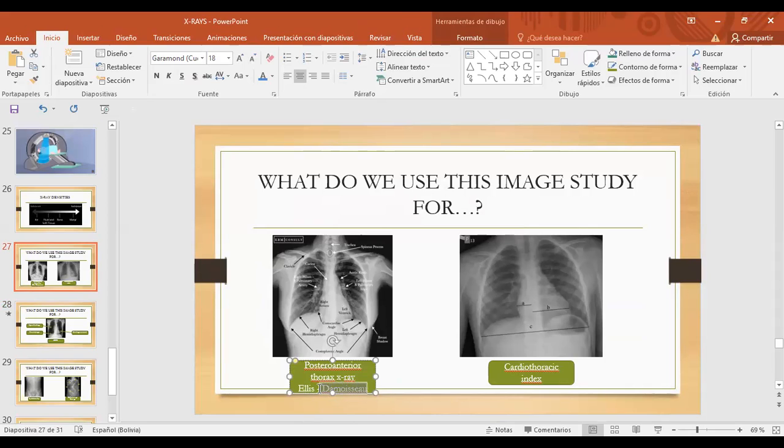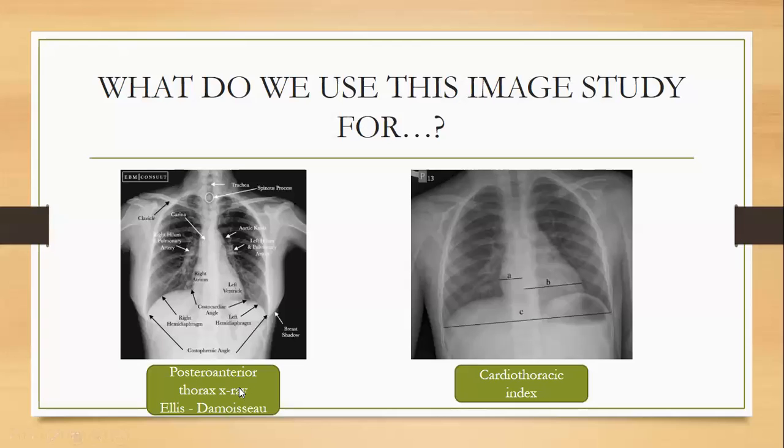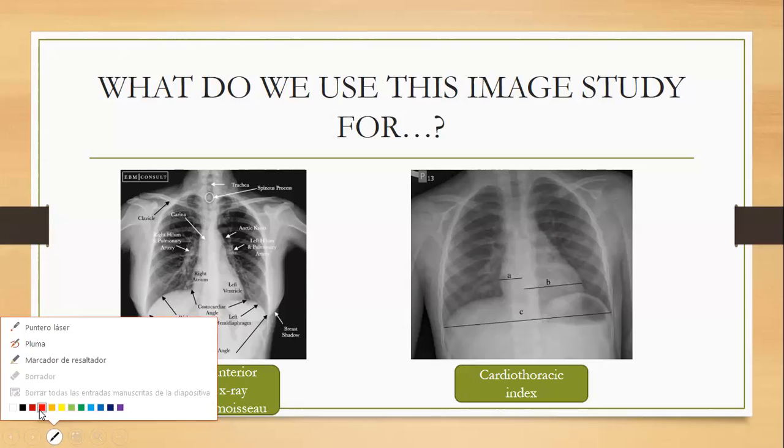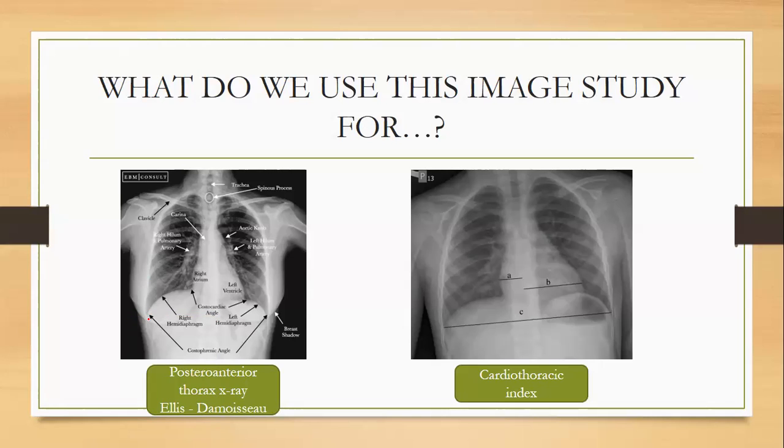Okay, as I was telling you, here we have the costophrenic angle, right? Ángulo costodiafragmático, this angle right here, formed by the ribs on one side, and on the other side, we have the diaphragm.